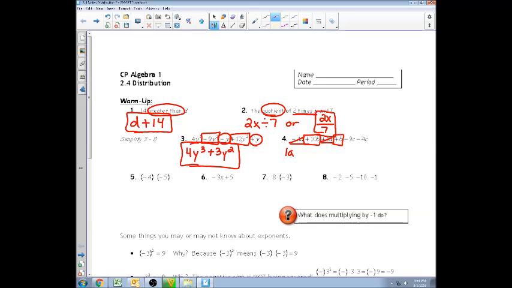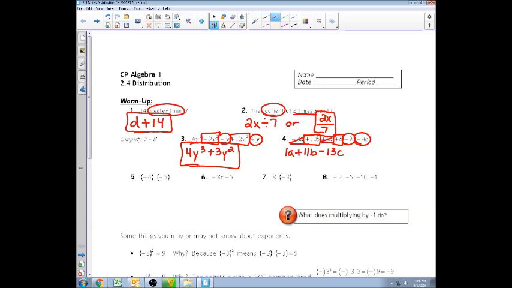Well, I have 10b plus b. That's going to be plus 11b. Last thing is the negative 9c. That's going to combine with the negative 4c. So negative 9 minus 4 would be negative 13c. Now everything else is not like terms, so we are done right there.